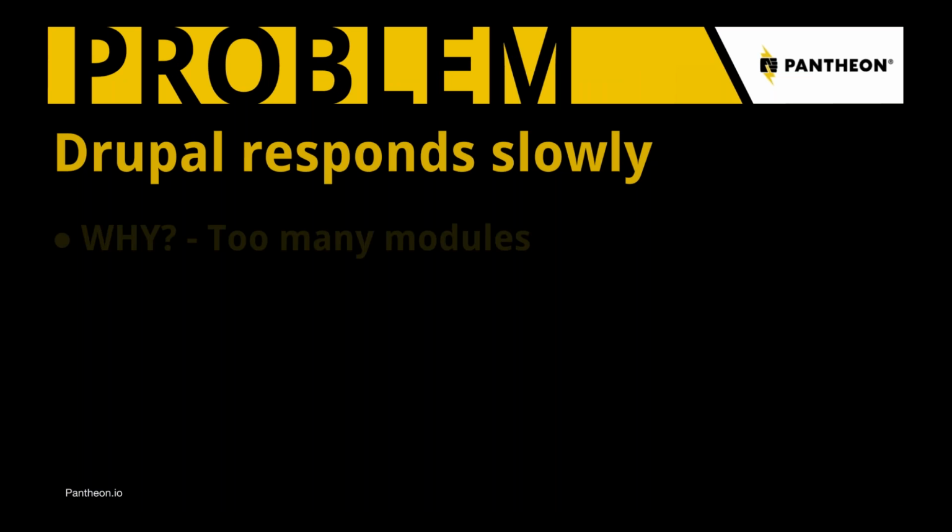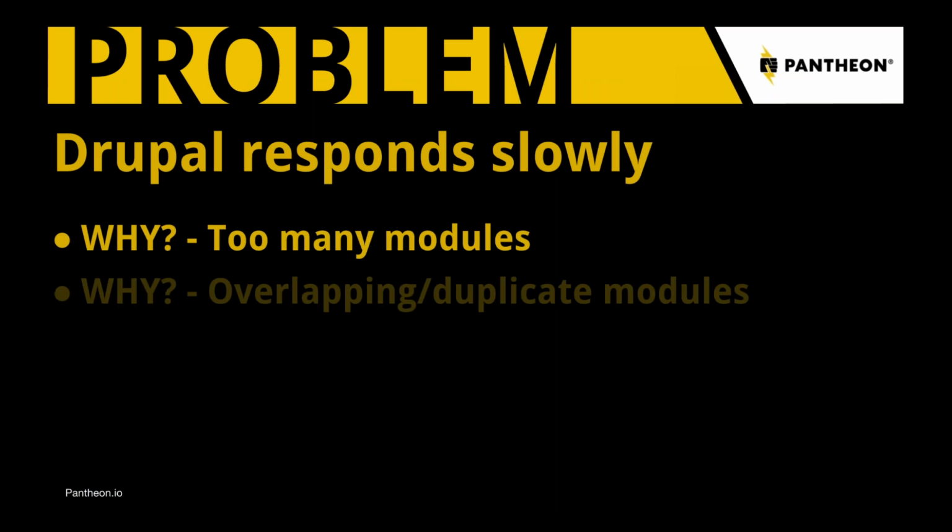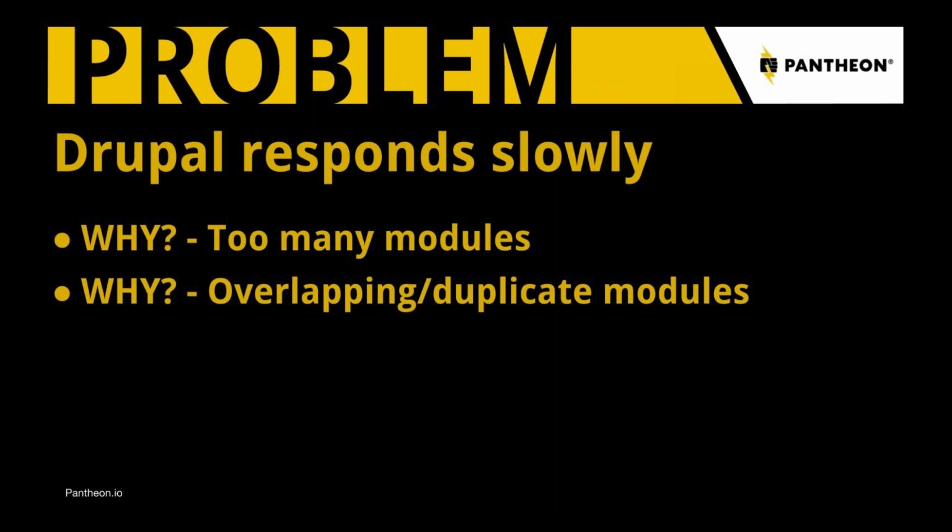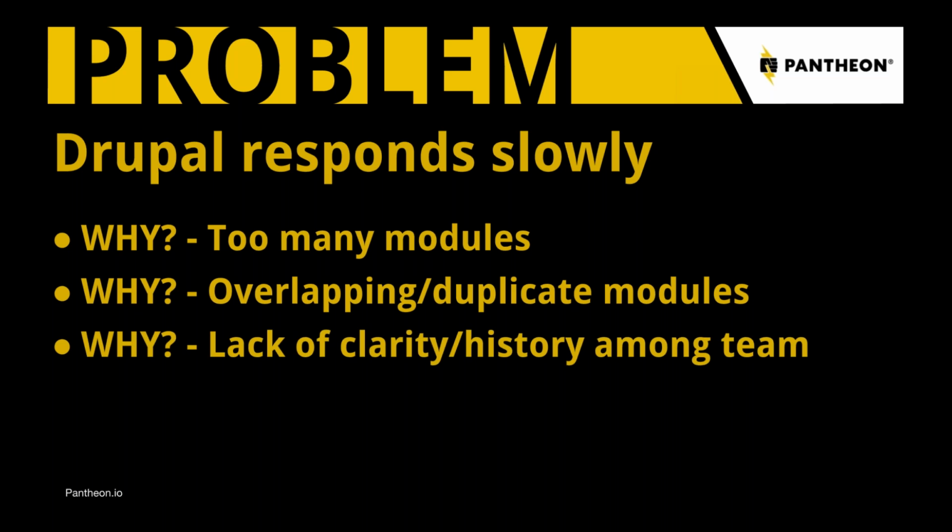However, I think it's a leading indicator about a deeper concern. So why would we have too many modules? There's a good chance that if we have 200 or 300 modules or plugins on a site, that some of them overlap or duplicate. So perhaps our team doesn't have a strong understanding of the history of a project.